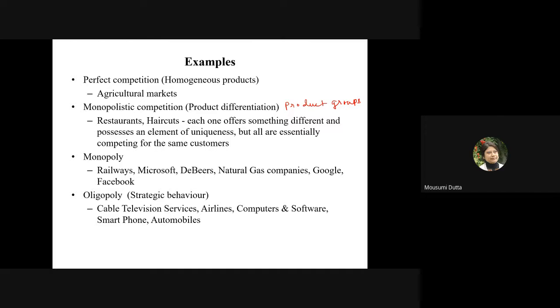Okay. Yes, ma'am. So now, if I consider a very common example, Titan, say, in wristwatch, you will find that in Titan only, there are several groups. Sonata is the lowest group. I hope everybody visited the Titan shop. Yes, ma'am.